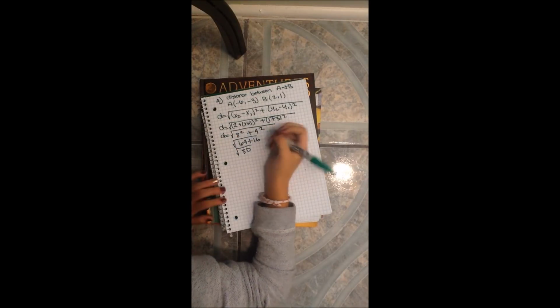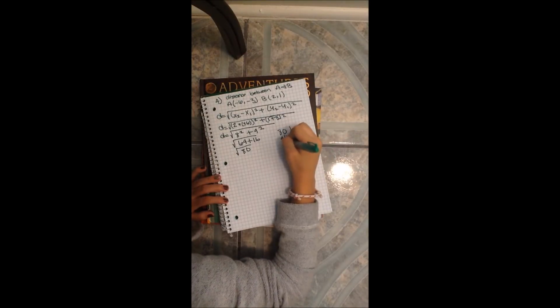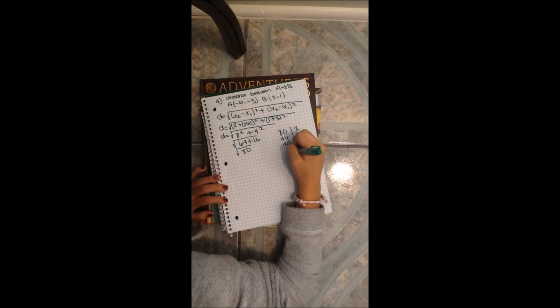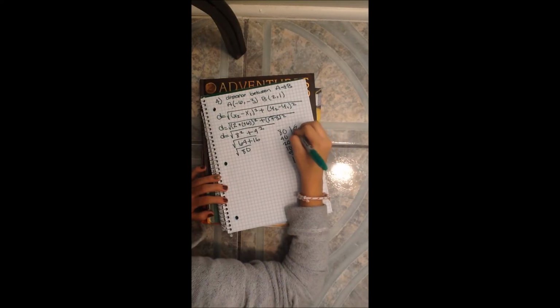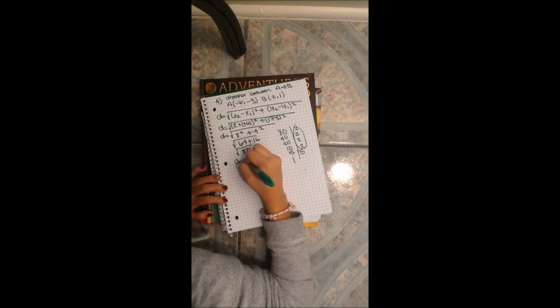Then you have to simplify by factoring it: 80 divided by 2 is 40, divided by 2 is 20, divided by 2 is 10, divided by 2 is 5, and divided by 5 you get 1. So I have 2 doubles and 1 single, so d equals 4 square root of 5.